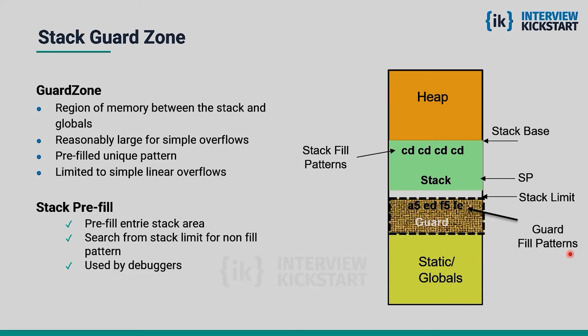Those are called guard fill patterns. After a test run, one looks at the guard region and sees if these patterns are intact for the entire guard region or whether they have been overwritten for some part of it. Once we know that, we know how much the stack overflow has happened and we can increase the stack allocation by that much. That is one step.